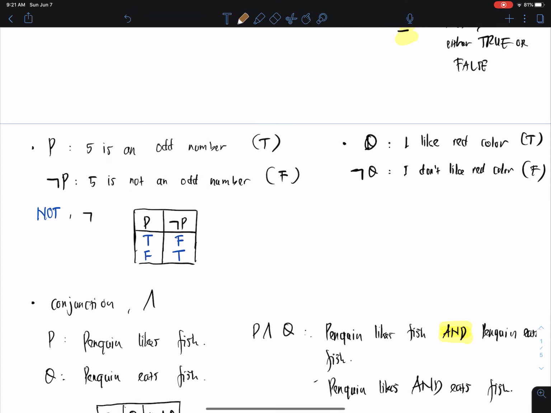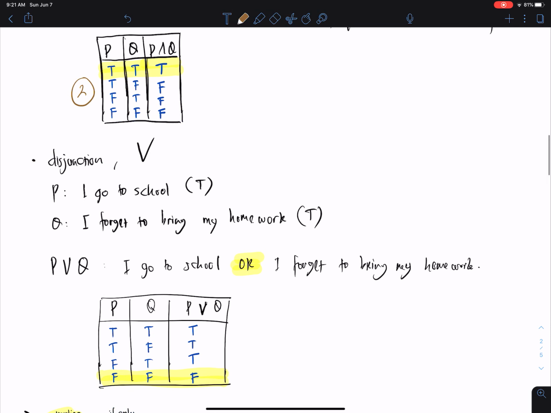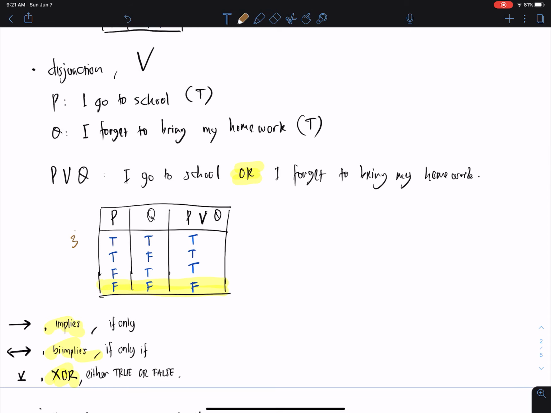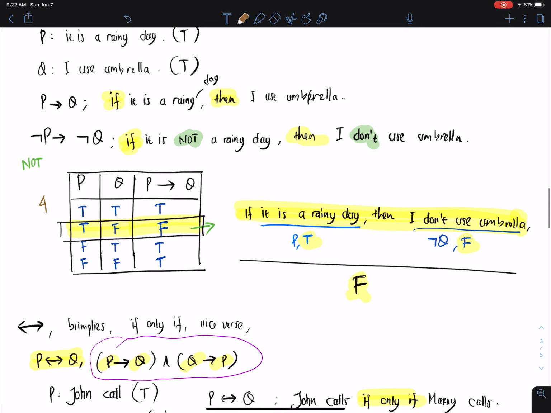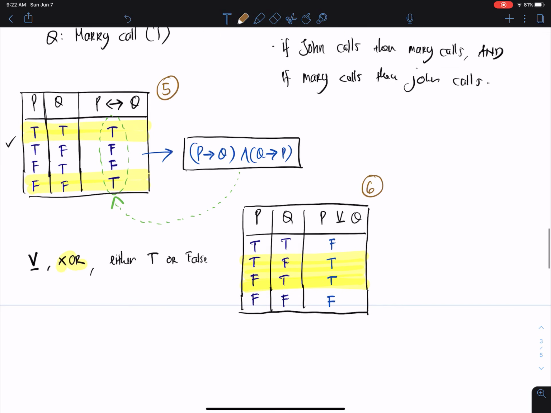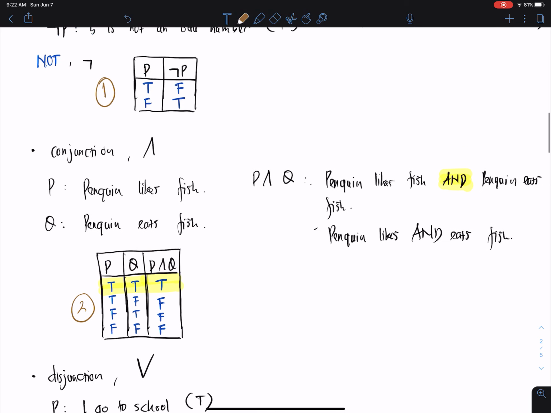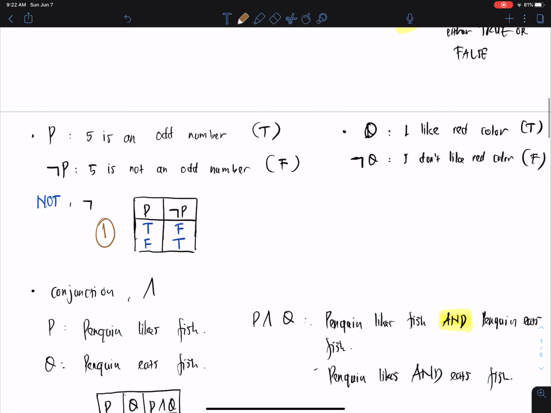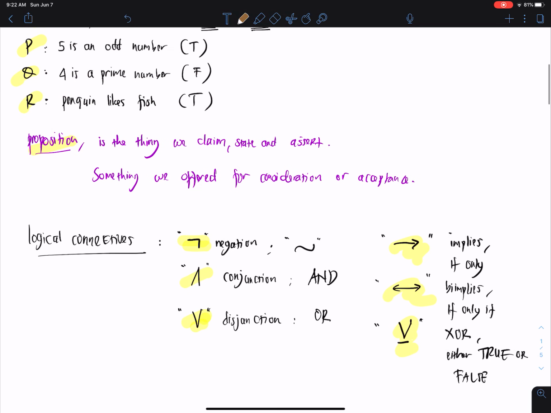Number 1 in here, number 2, number 3, number 4, number 5 in here, and number 6 for XOR here. So understand, I wouldn't say for you to remember, but understand the concept of each of the logical connectives over there.